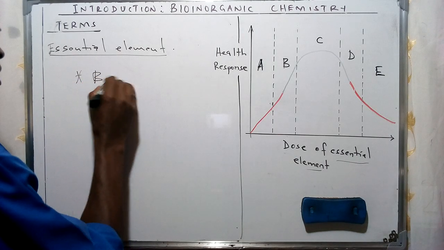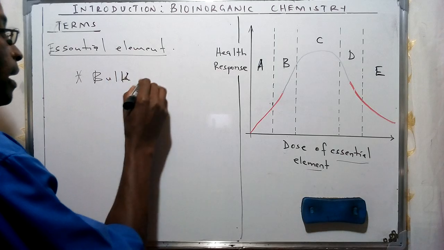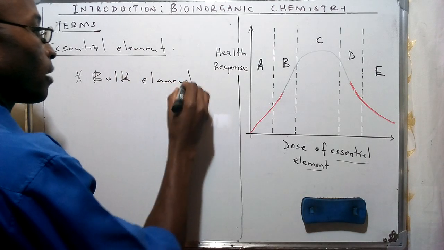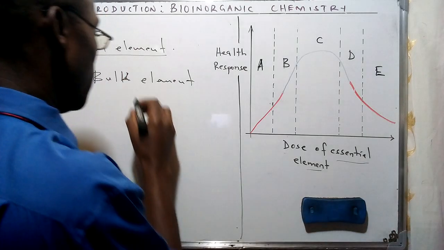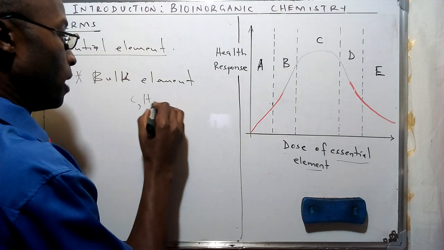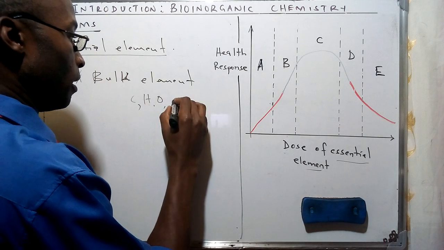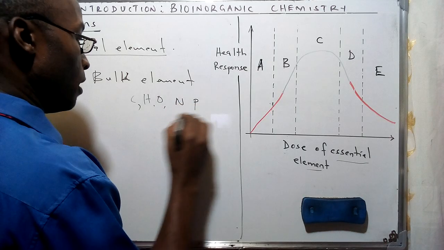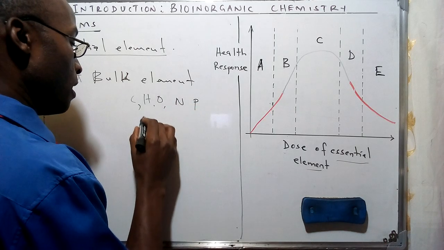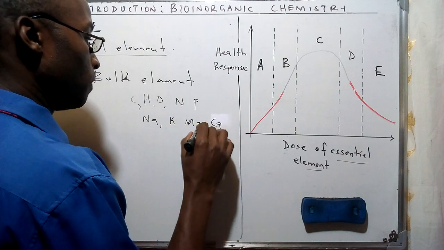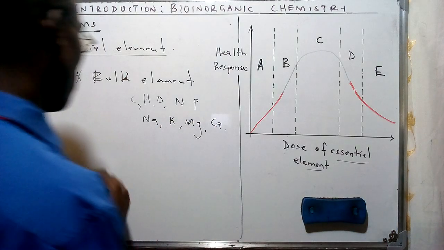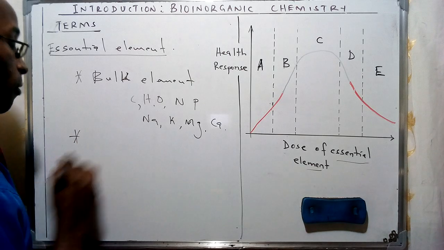The first is bulk elements, which are required in large amounts. We gave examples of carbon, hydrogen, oxygen, nitrogen, phosphorus, and we talked about sodium, potassium, magnesium, and calcium, and some of the areas where we're going to encounter this set of elements.